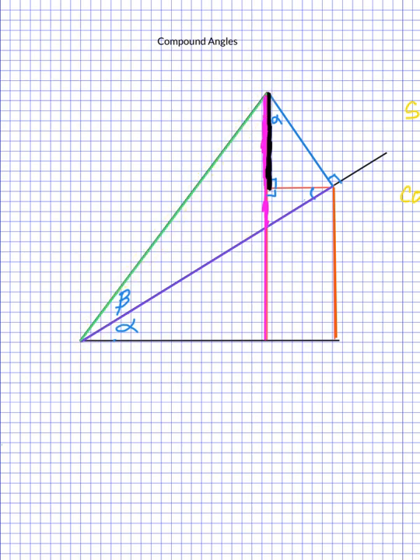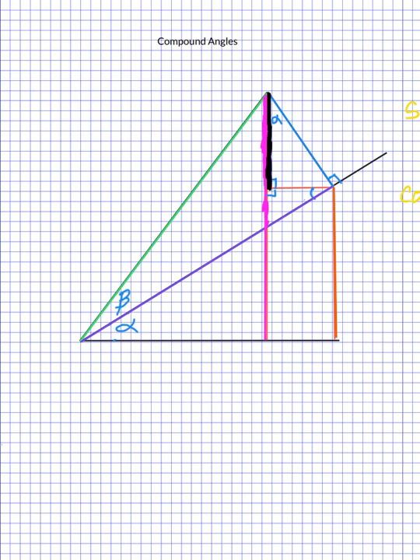So cos of beta is equal to the adjacent, which is the purple line, B, over the green line, which is A.